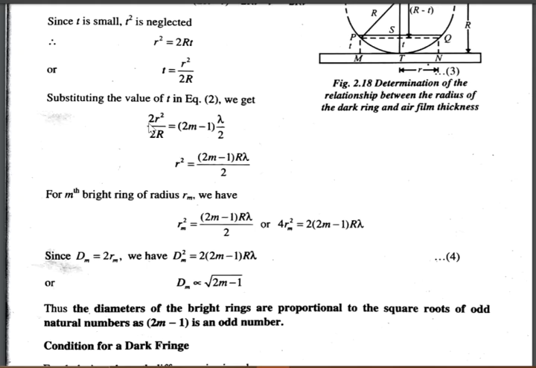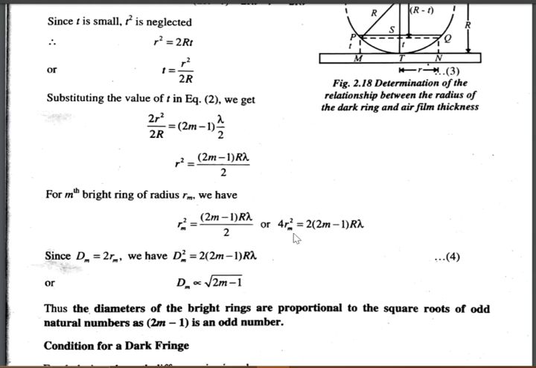2t, we had 2t on the left hand side, 2 into t is this. 2 r square by 2R is (2m minus 1) into lambda by 2. Therefore, r square will be (2m minus 1) R lambda by 2. For the mth bright fringe of radius rm, we can write rm square as (2m minus 1) into R lambda divided by 2.